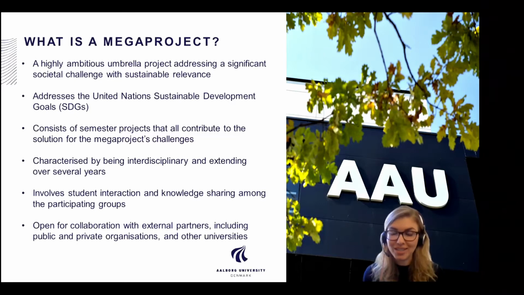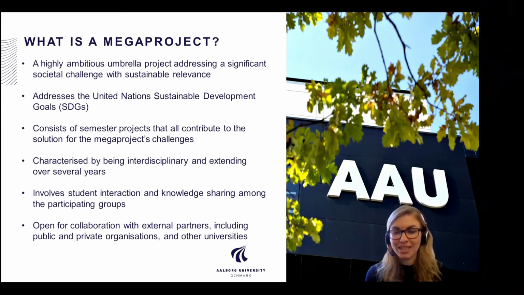This does not, however, mean that you will be participating for several years, but the mega projects are running for several years, and we gather information from semester to semester, so that these mega projects also become knowledge libraries for the specific challenges.